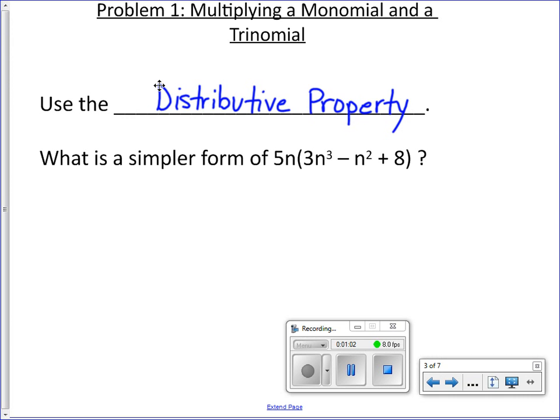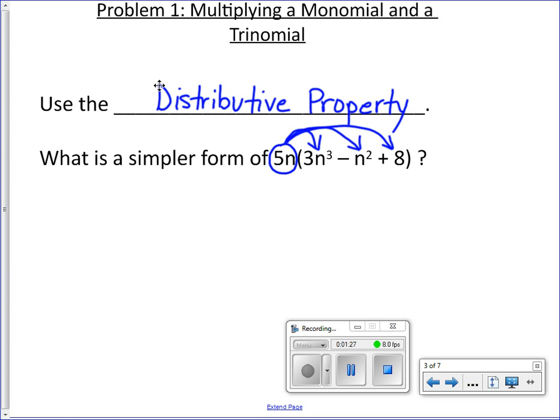Looking at our problem, what is a simpler form of 5n times the quantity 3n cubed minus n squared plus 8? We're going to take our multiplier, 5n, and distribute it by multiplying each term in the trinomial by 5n.